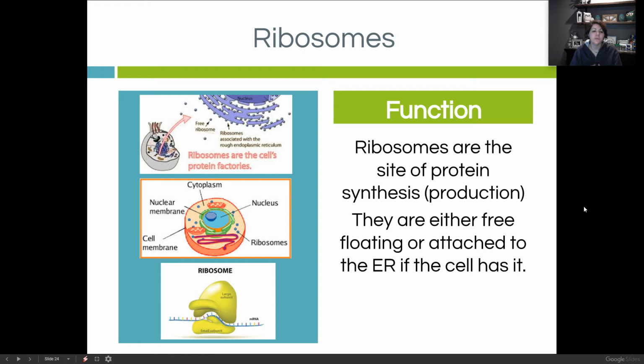And the ribosome is what reads the mRNA and assembles the protein. And so we say that the ribosome is the site of protein synthesis or protein production. It's what produces protein. And again, they're either floating in the cytosol or they can be attached to the endoplasmic reticulum if a cell has that.